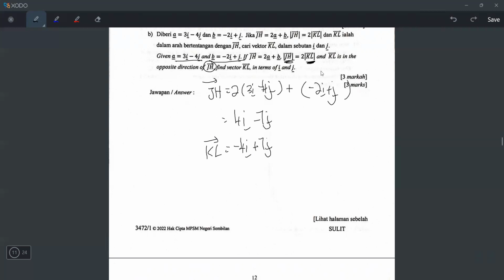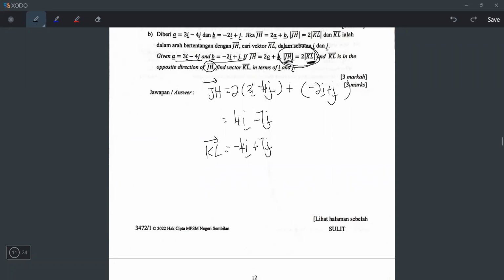But wait, there is one piece of information that we haven't looked at yet, which is this one: the magnitude of JH is equal to 2 times the magnitude of KL. What does that mean? Vector JH and vector KL are in opposite directions, but their lengths are not the same. JH is longer, because magnitude means length.